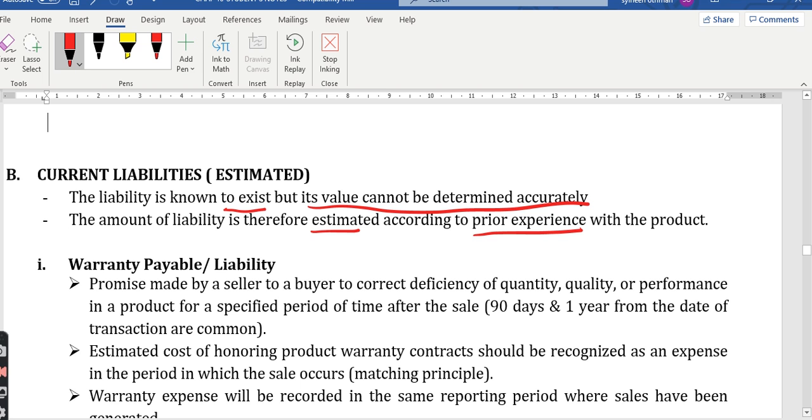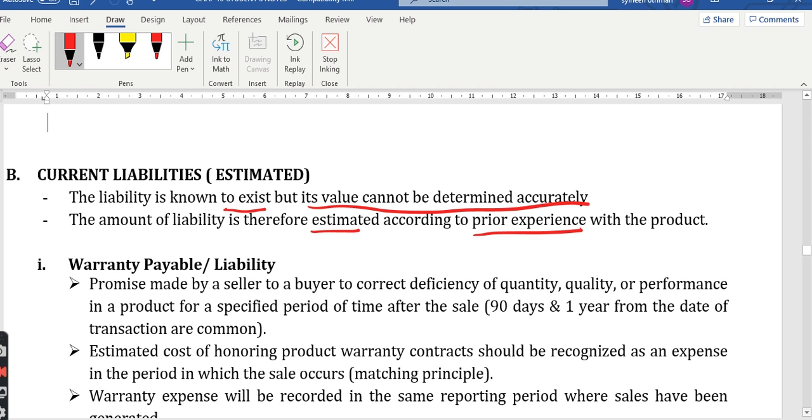But you need to know, every time you produce or manufacture a product and you have the sales for that particular year, it comes together with your warranty. Every product has a warranty.